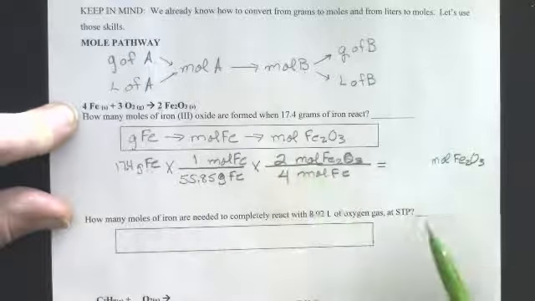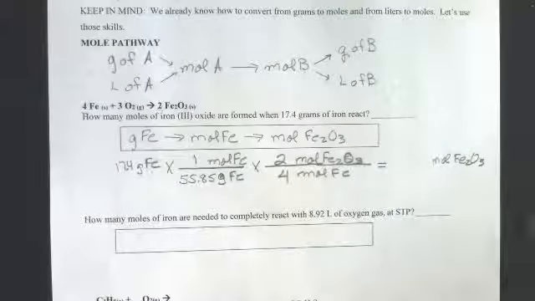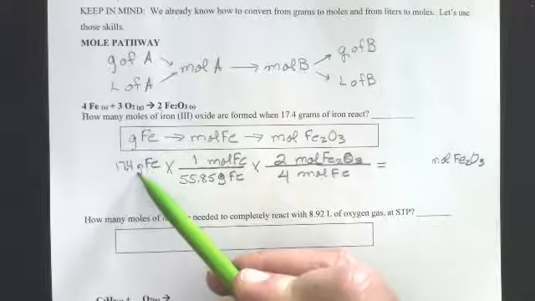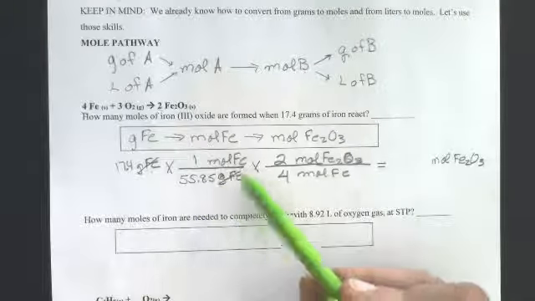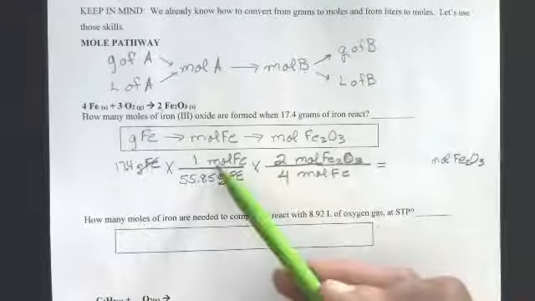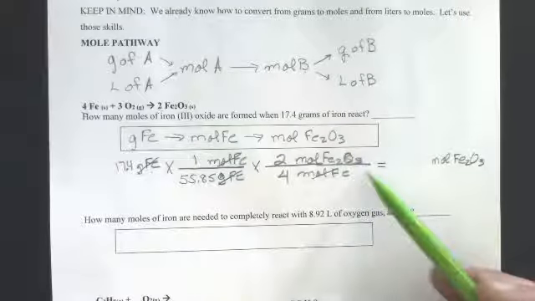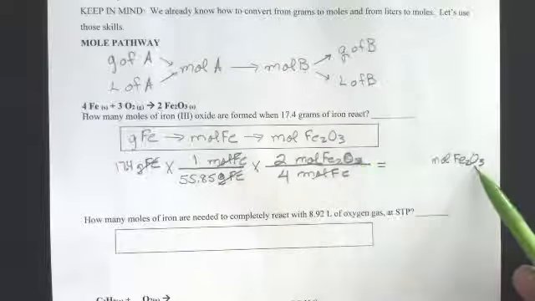So check your units, cross them off. I have grams of iron on the top here, grams of iron on the bottom there, they cancel. Moles of iron on the top here, moles of iron on the bottom here, they cancel. Moles of iron 3 oxide is what I have left. Moles of iron 3 oxide will be my answer. Moles of iron 3 oxide is what we were asked for.